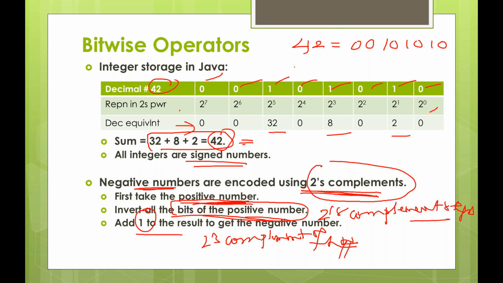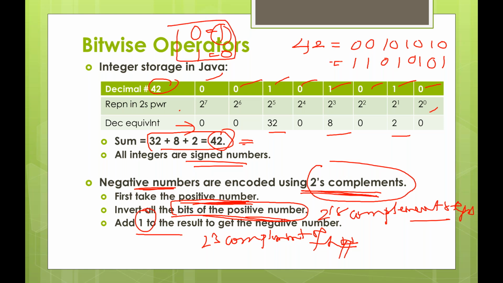Inversion is nothing but inverting each bit: if you have 0, make it 1, and if you have 1, make it 0. With that logic, this becomes 1 1 0 1 0 1 0 1. What I have done is 0 to 1, 1 to 0, that is the conversion.